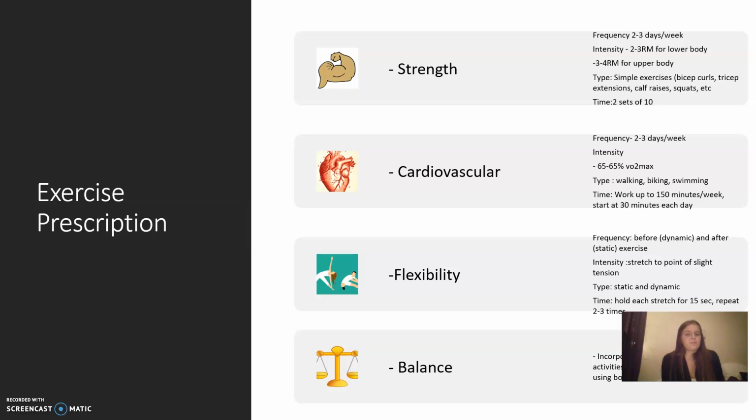When he's stretching, it's important that he not feel any pain, just stretching to a nice slight tension, holding it for 15 seconds, and repeat. Balance will basically just improve as a result of the weightlifting, but I would also incorporate uneven surfaces such as walking on sand or using a Bosu ball just to really optimize the improvements in balance.